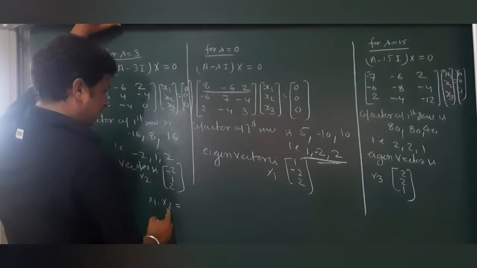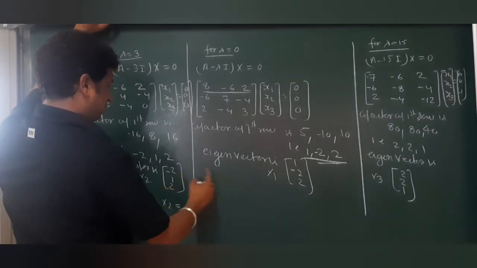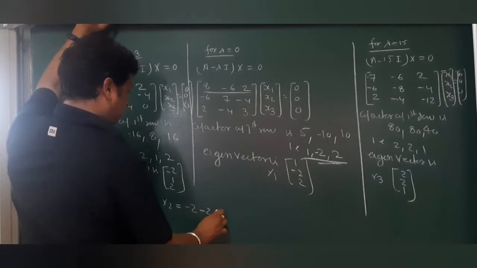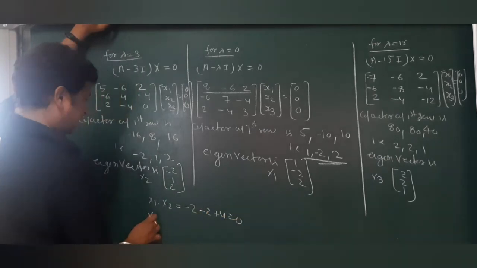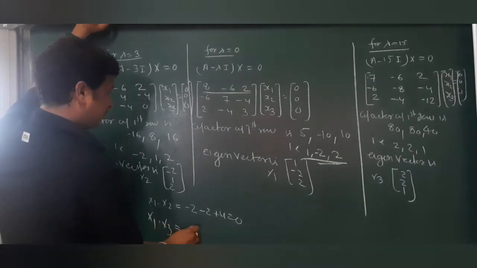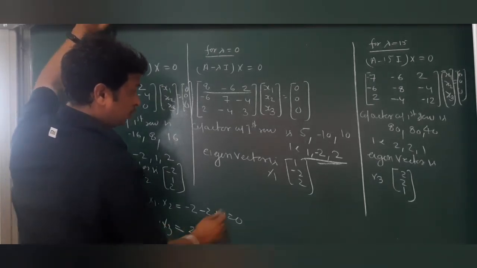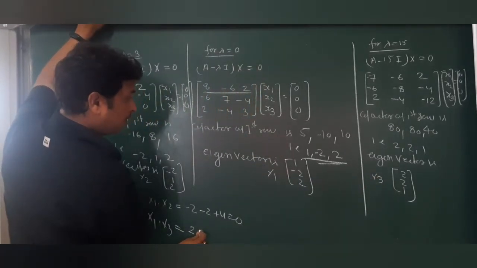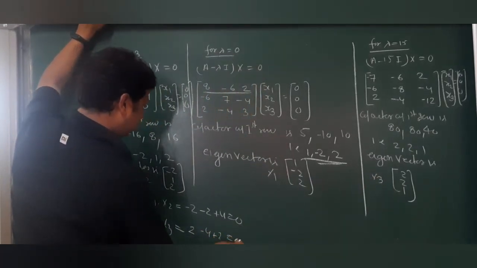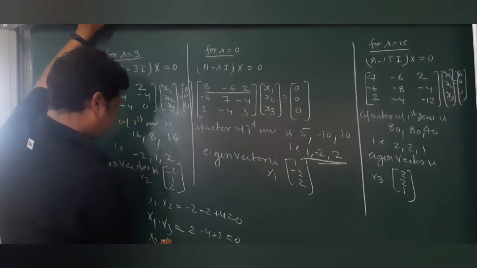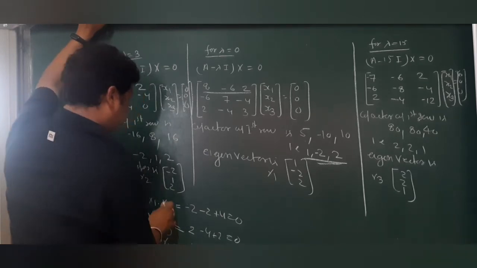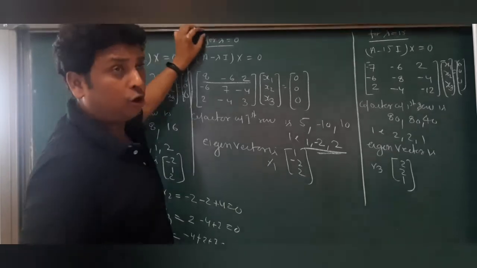What will come? x1 dot x2: minus 2 plus 4 minus 2 is 0. What is x1 dot x3? First with first, second with second, third with third. So 2 minus 4 plus 2 is 0. What is x2 dot x3? Minus 4 plus 2 plus 2 is 0. So see, they are pairwise orthogonal.